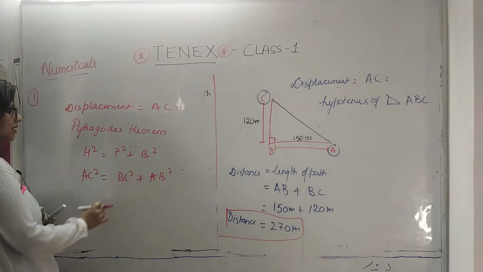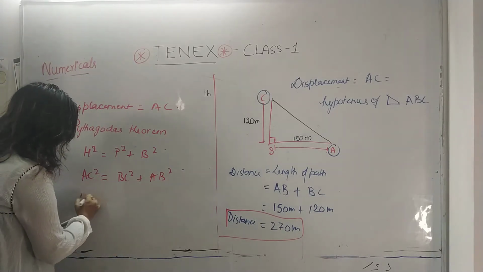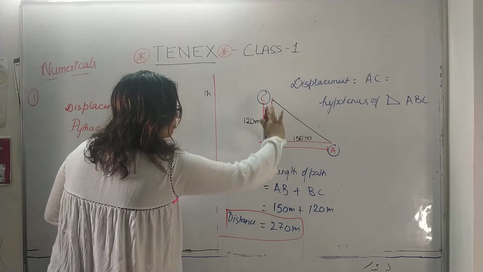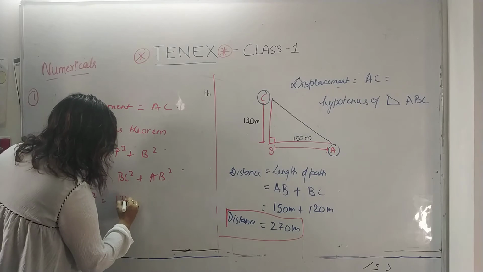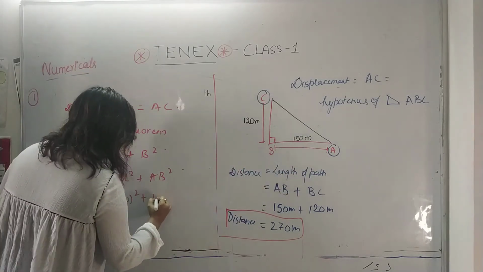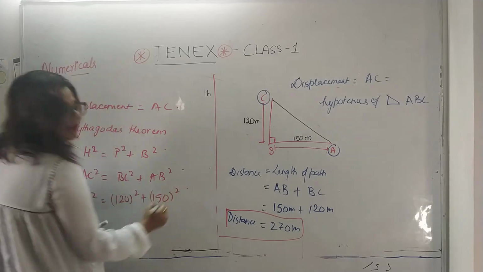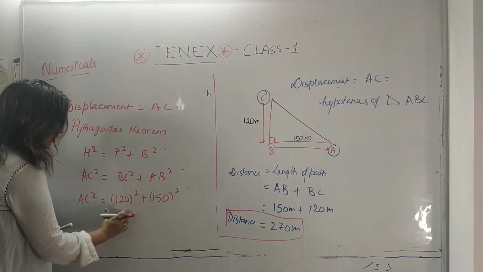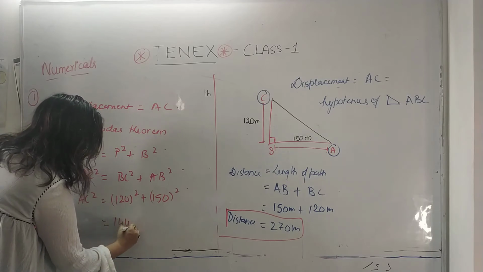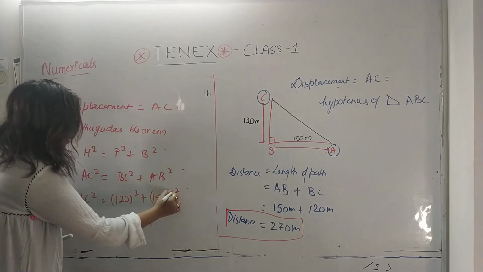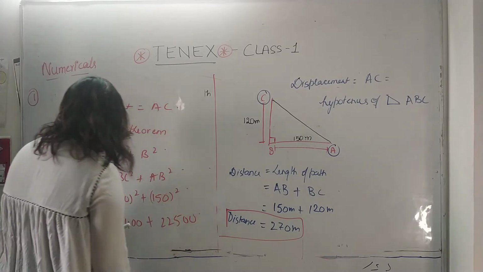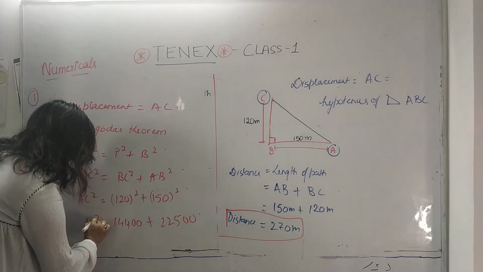So now replacing all these values, I get AC square is equal to BC square, which means 120 whole square, plus AB square, which is 150 whole square. Guys, if I find out the squares of these, 120 whole square is equal to 14400 and 150 whole square is equal to 22500. Okay, so this is equal to AC square.